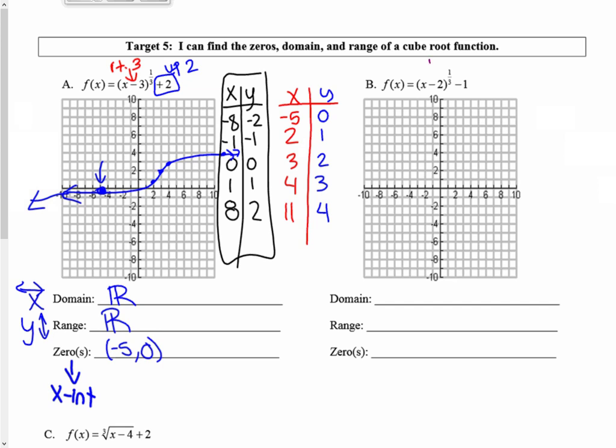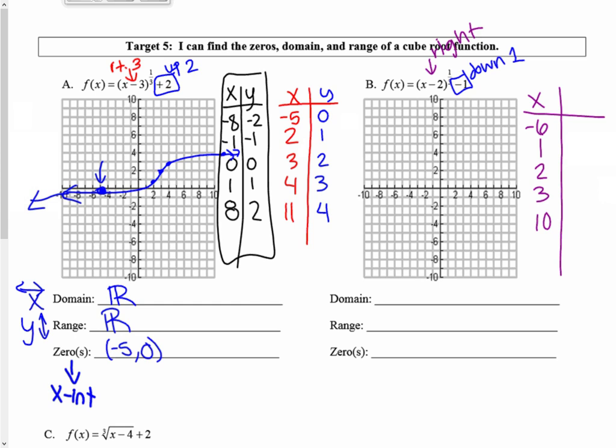Horizontally, my graph is moving to the right 2. So I know I need to add 2 to all the x values from that parent function table. So I have -6, 1, 2, 3, and 10. I have -1 on the outside, so that tells me I'm going down 1.